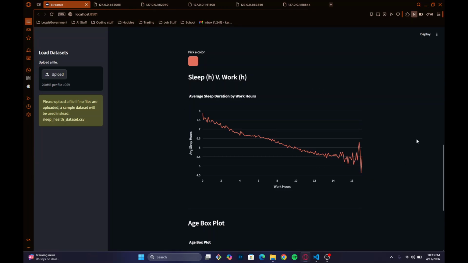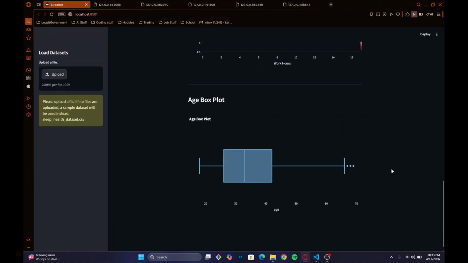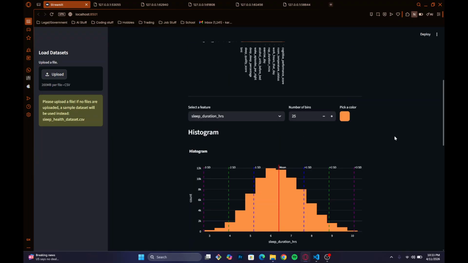There's a pretty strong negative correlation here that you can see a pretty strong trend. And lastly, I wanted to create a box plot, an age box plot more specifically, because I wanted to know more the kind of age people had in this entire dataset. So most people here have an age between 26 and 42.